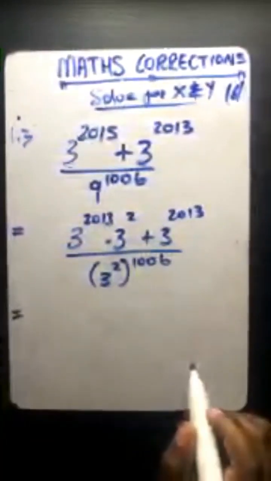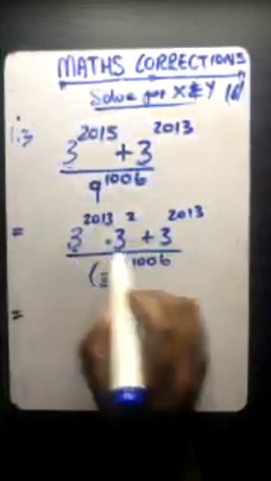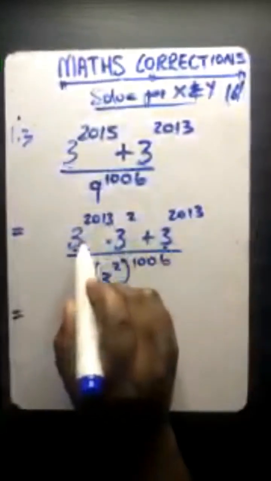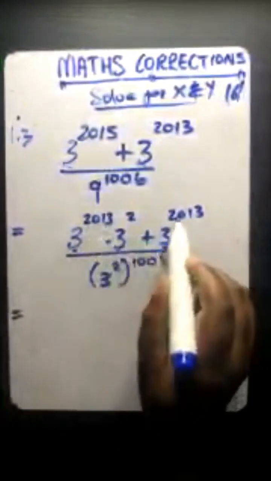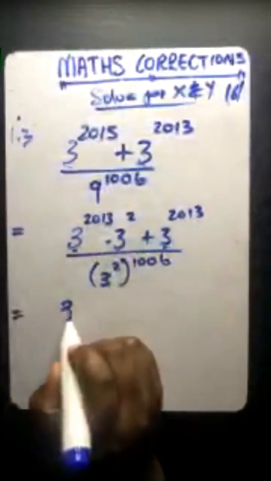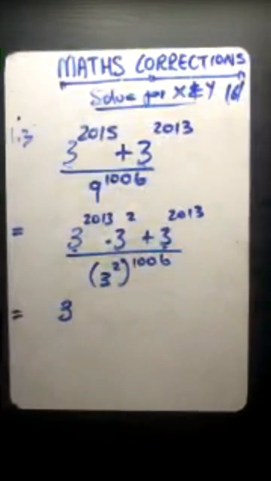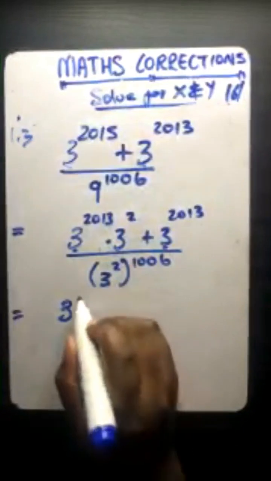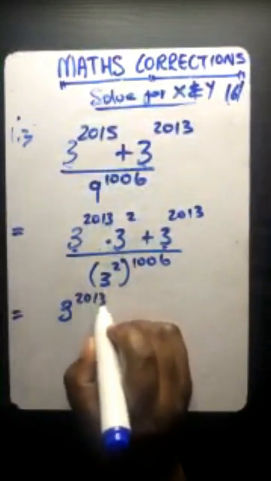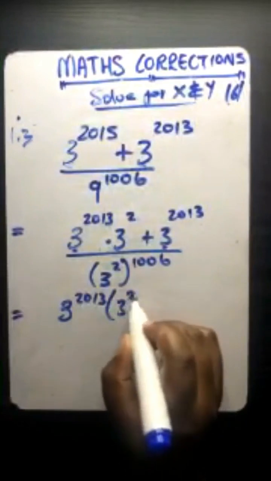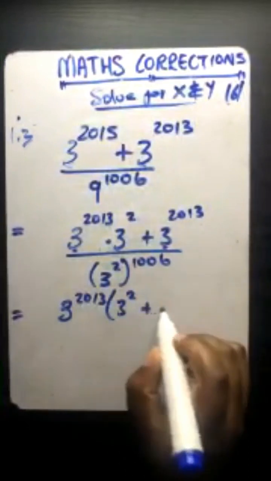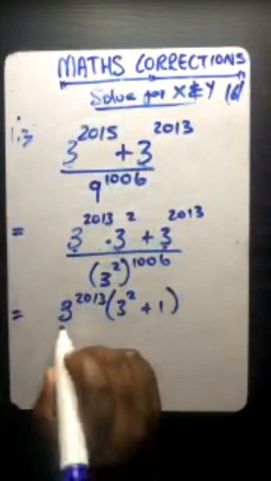So now let's see. Can you guys see that I'm having a common factor of 3 to the exponent 13? Then let me take it out as a common factor. We are having 3 to the exponent 2013 into 3 squared plus 1.